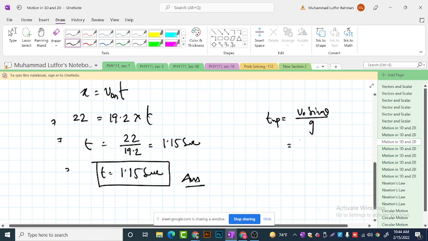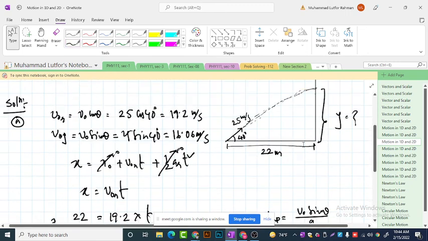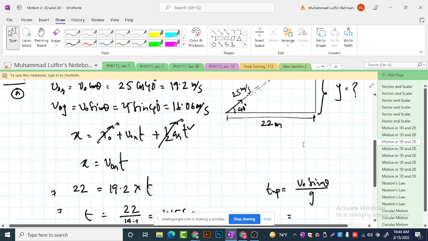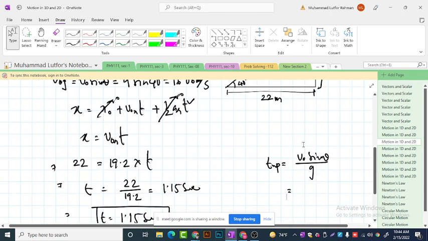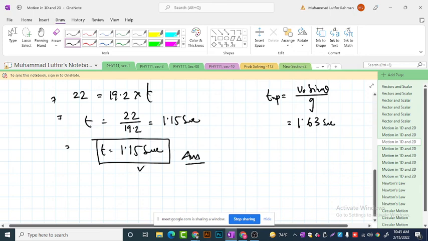V naught sin theta is 16.06, and 16.06 divided by 9.8 is 1.63 seconds. But the ball strikes the wall at 1.15 seconds, so it strikes the wall before it reaches its maximum height.